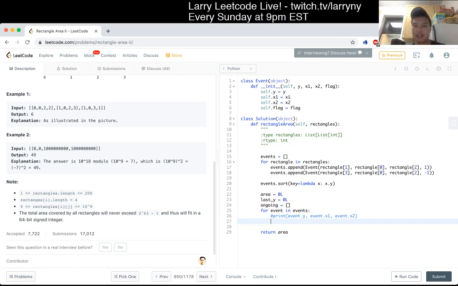So now what happens? If event.y is not less than y, then we go through ongoing to calculate and add to the area, right? Okay, then, well, maybe not yet.